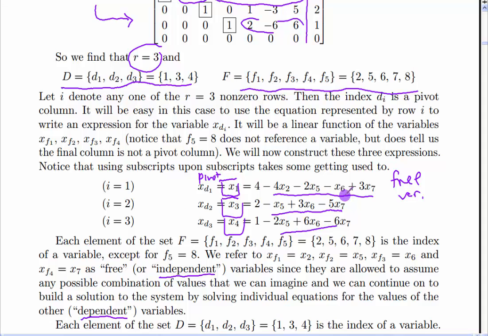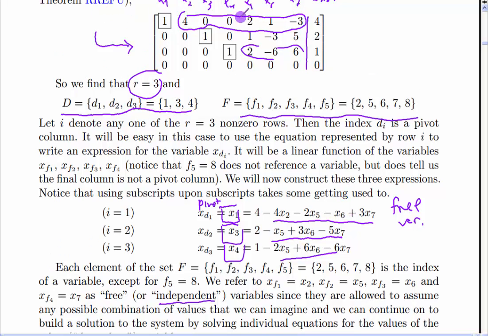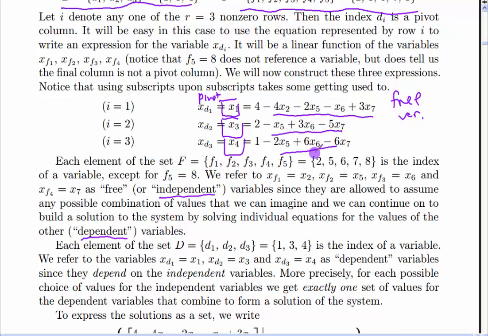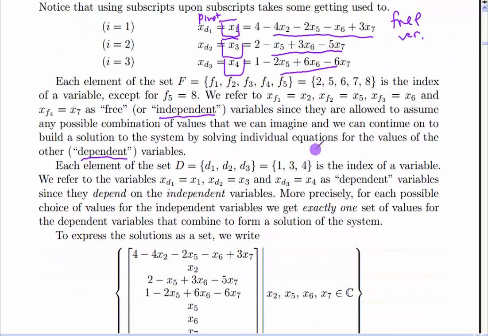Because the only conditions on these variables are expressed in these equations. So as long as I can arrange x1, x3, x4 to satisfy these equations, I'm good. The free variables are indeed free. I can choose them to be anything I want. Well, of course, they have to be real numbers, but that's the only restriction.